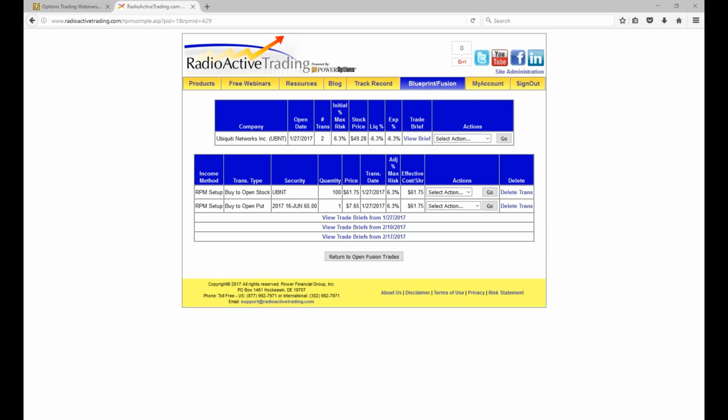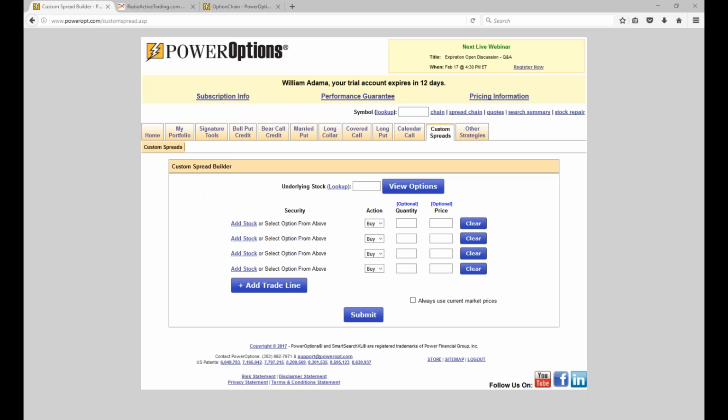Let's go back to PowerOptions, and we're going to go to the custom spread, and I'm going to put that together real quick. Okay, so we're going to put this into our custom spread for UBNT.